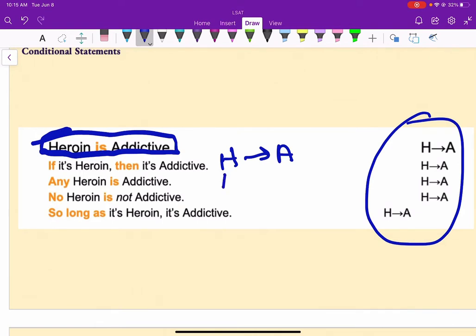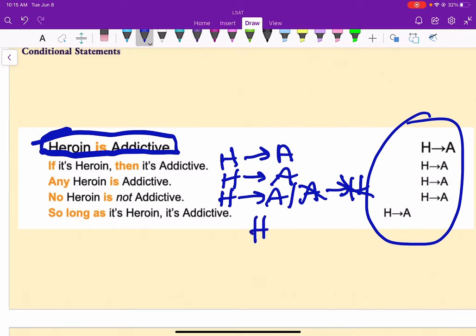So if it's heroin, we know it's addictive. No heroin is not addictive. So this is the same thing as saying if heroin, you're addictive, right? Because this is like saying if you're not addictive, you can't be heroin, which is our contrapositive. And then our last one, so long as it's heroin. So if it's heroin, it's addictive.